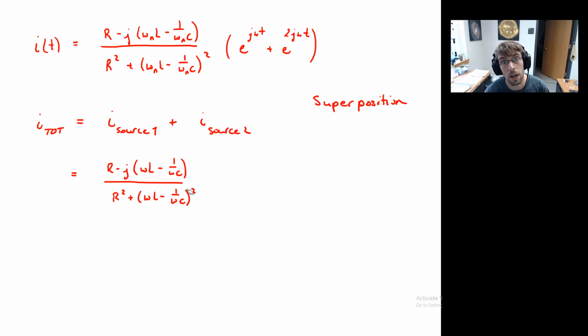And notice I've dropped that subscript n, e to the j omega t. There's my source 1 contribution. Added to that, of course, would be my source 2 contribution, the exact same expression, except now instead of omega, I have 2 omega.